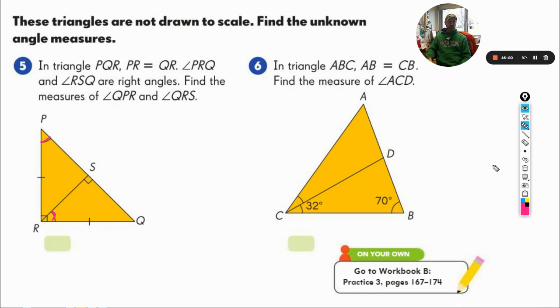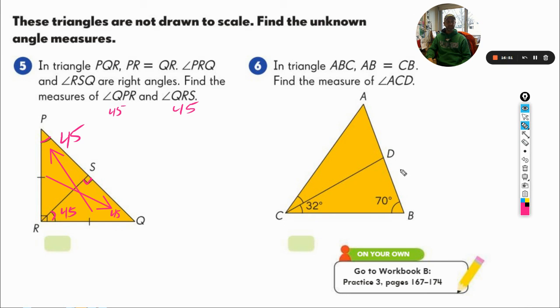Okay, well, since this is a right triangle and I have equal sides, I know that this angle up here must be 45, so check. And then this one down here is 45, and now I've got another right triangle, so right angle plus 45 plus 45, and I'm good to go. Okay, so 45 and 45.